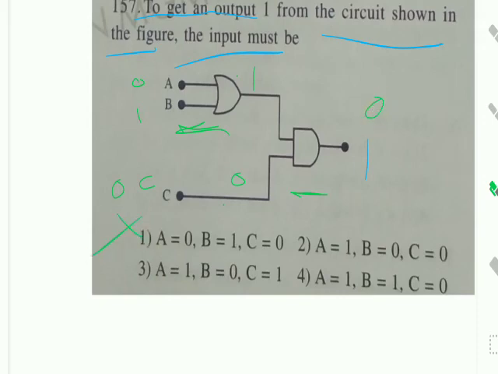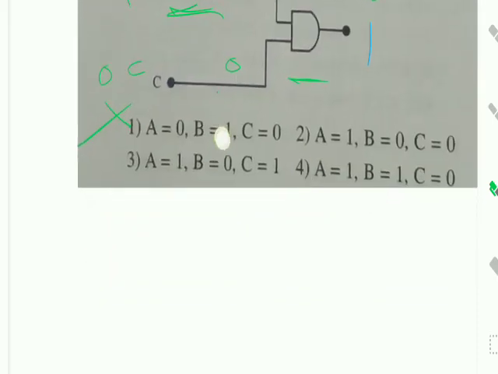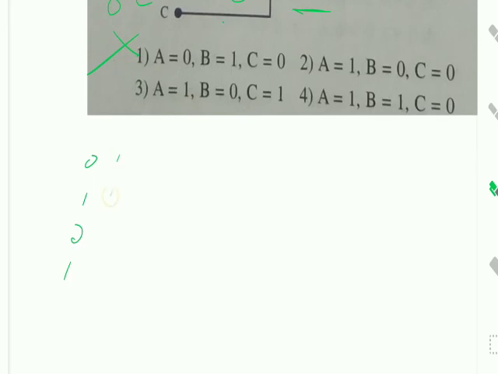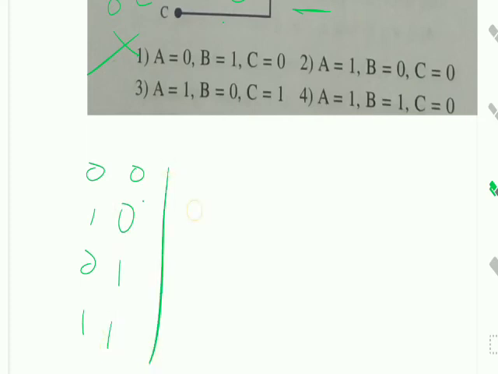So first option is wrong. AND gate properties: 0 1 0 1, 0 0 1 1, output 0 0 0 1.